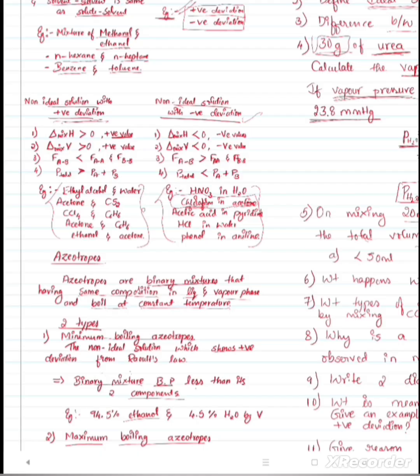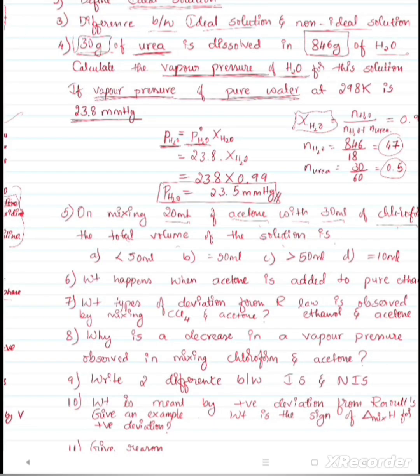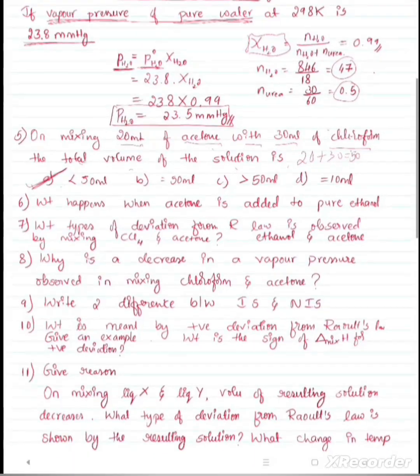Negative deviation means on mixing we'll get a negative value, which means less value. So if we add 20 plus 30, we should get 50, but because it is negative deviation, we'll get less than 50. So option A is correct. Got it? Then next question.